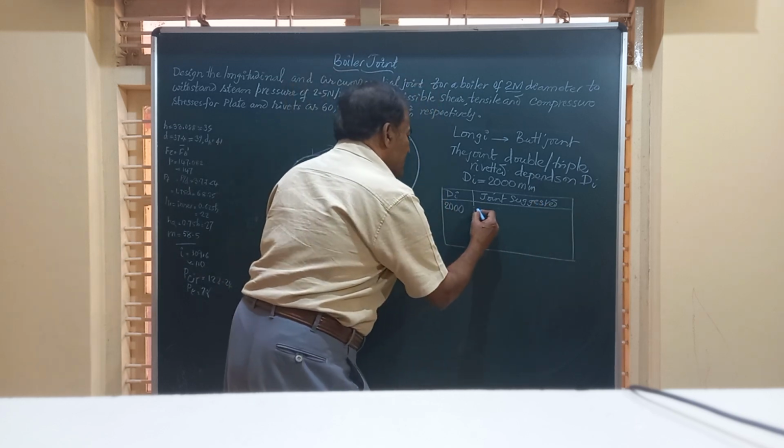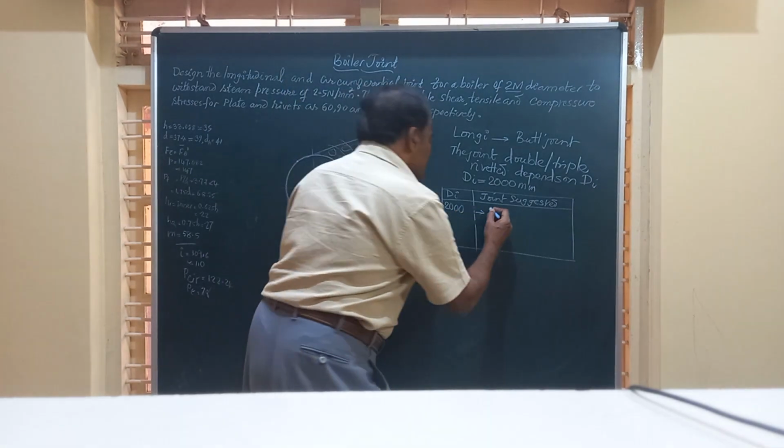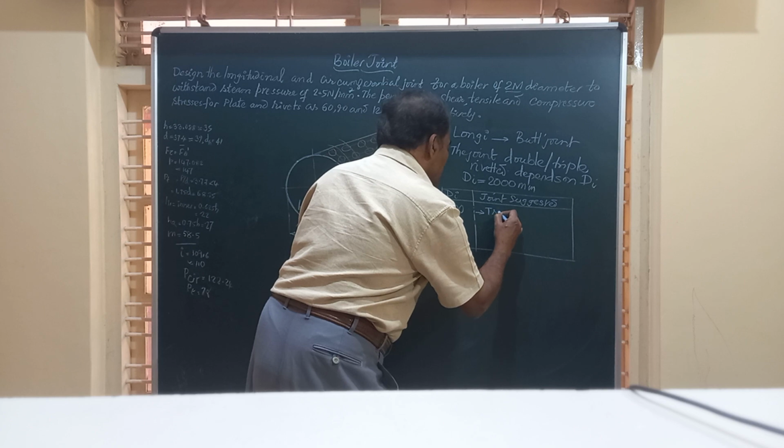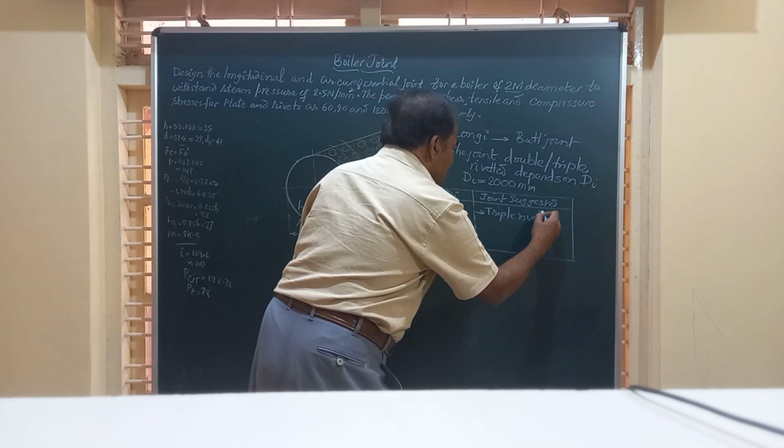For this diameter, the type of joint suggested is a triple riveted butt joint.